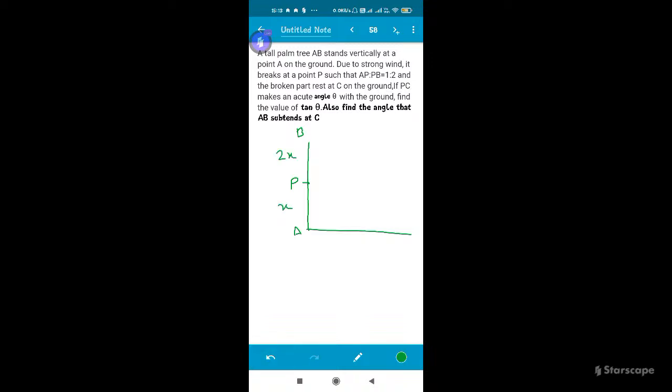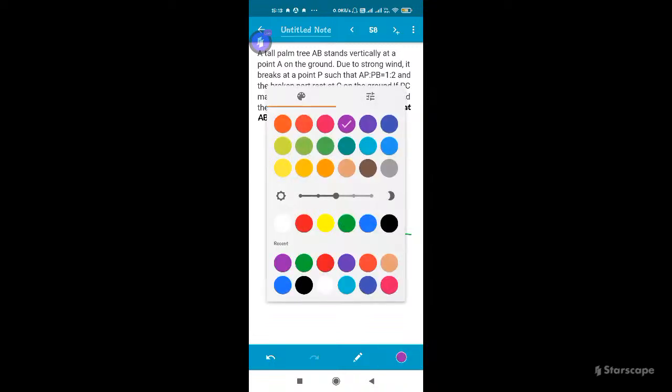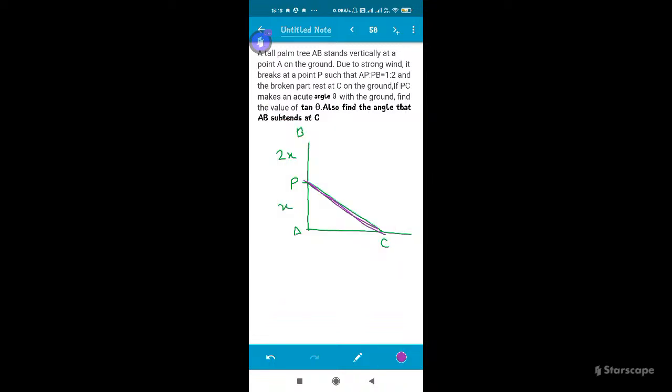Okay. And the broken part, that means this part was broken, right? A tree will always break from the top, it will not break from the bottom. Otherwise, how will it stand? So this broken part will fall and it will rest on the ground at a point C. That means this PB is now resting like this. This is the original part of the tree, but now it has fallen down and it is resting at point C. Don't get confused that this is something else.